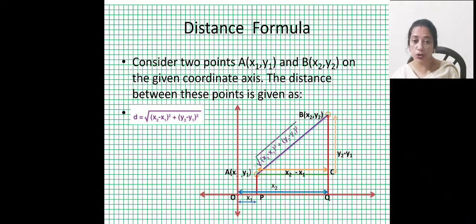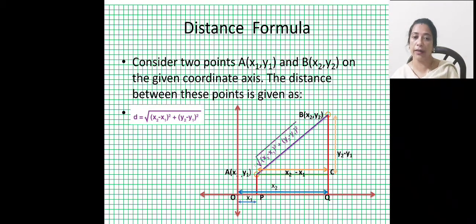Now, what about those points which are not lying on any of the axes, suppose here the points A and B. How to find out the distance between these points A and B, whose coordinates are (x1, y1) and (x2, y2) respectively? In order to find the distance between these 2 points, we will be using Pythagoras theorem. Here AP and BQ are drawn perpendicular to the x-axis.